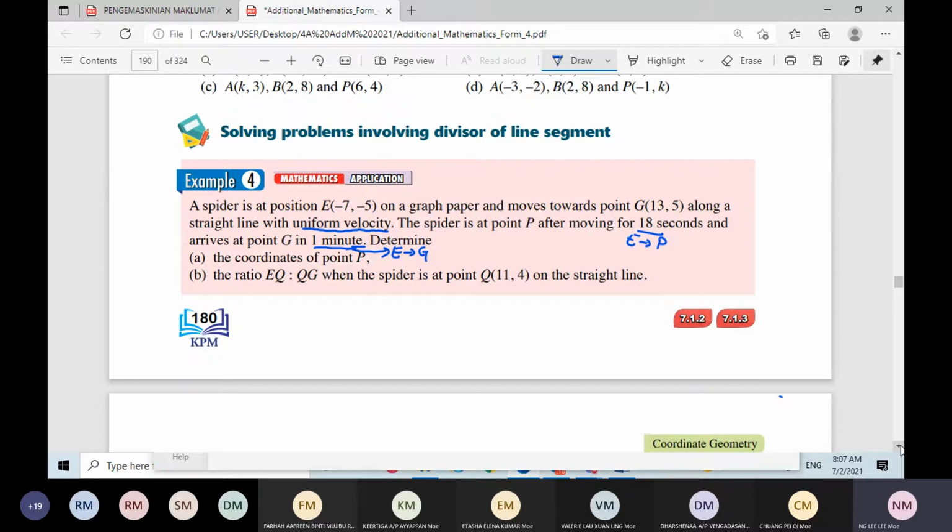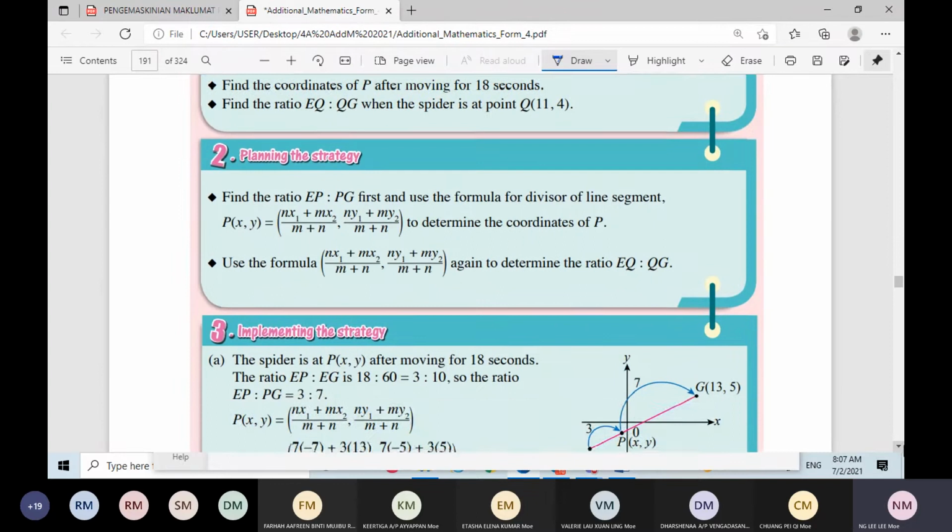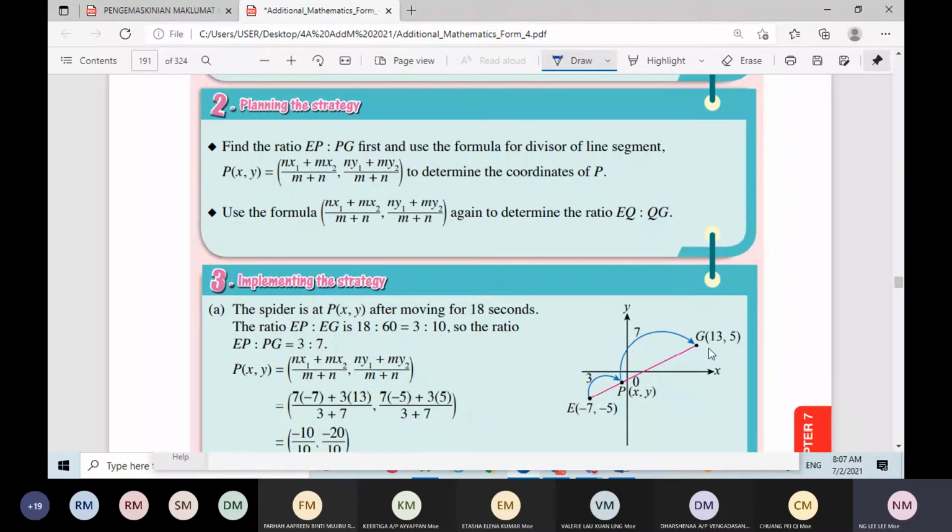So if you draw it out in a graph or Cartesian plane, it will be something like this. It starts from point E, then goes to point P, after that goes to G. After moving for 18 seconds, the spider is from E to P. After moving for 1 minute, the spider goes from E and reaches G. So this will give you the ratio.